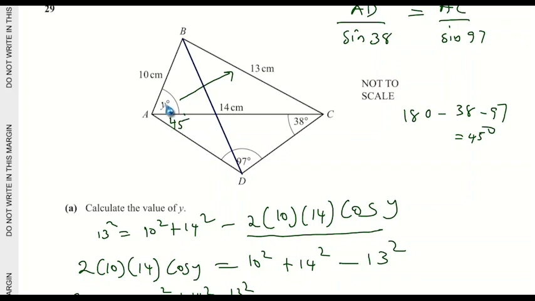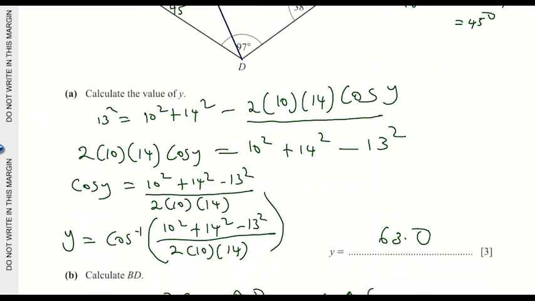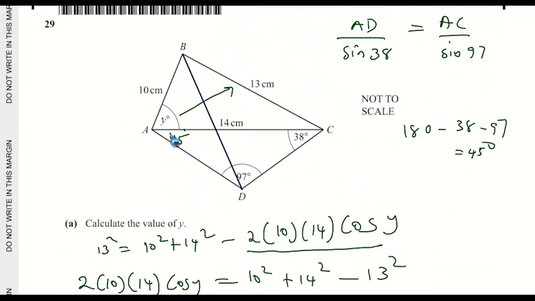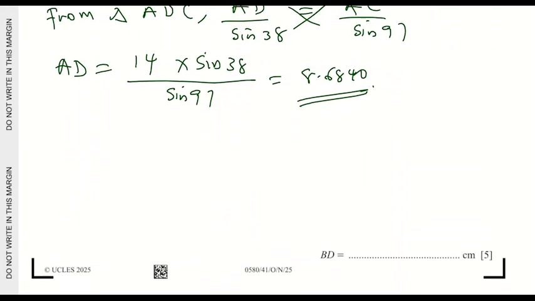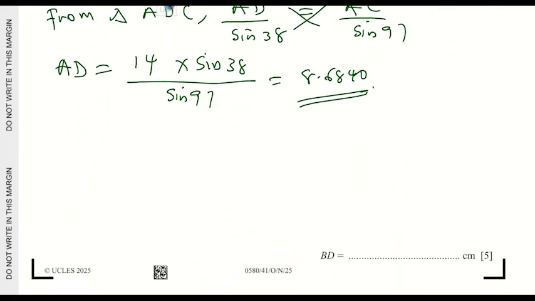So don't forget that we already found angle Y, right? We found the value of angle Y. So here, let me scroll down. So angle Y is 63. So now we know the complete angle here. So we can say from angle ABD now, I'll go down and give you the rough sketch of the triangle ABD.